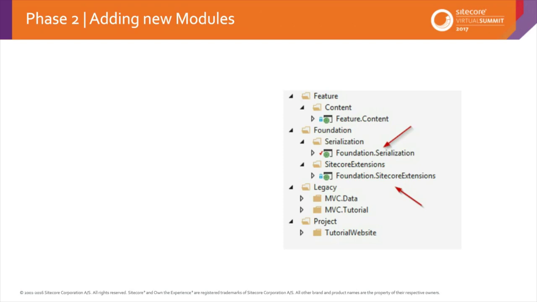Sitecore extensions, more or less just copied directly from Sitecore Habitat, contains a lot of nice Sitecore extension methods for items, fields, and so on that I use all the time. So I had to have that one. And then also a serialization project, more or less copied directly from Sitecore Habitat.